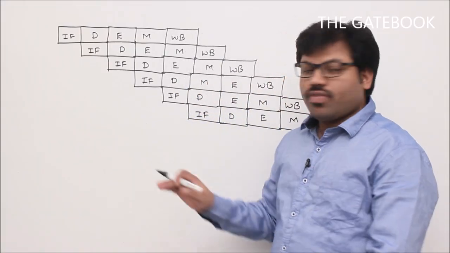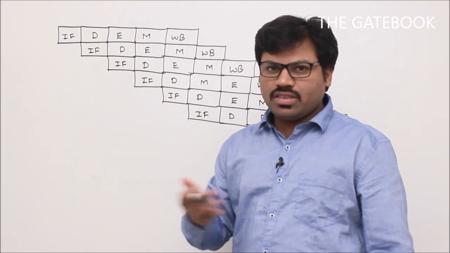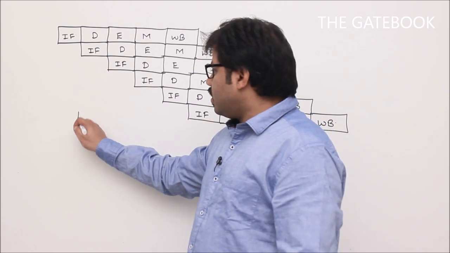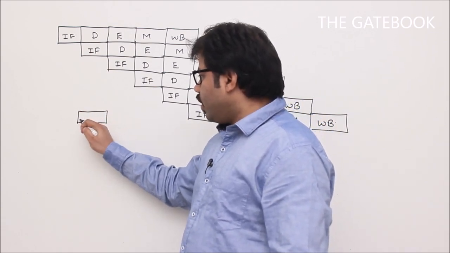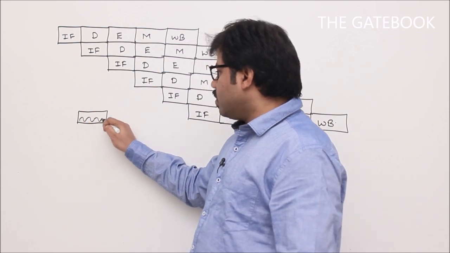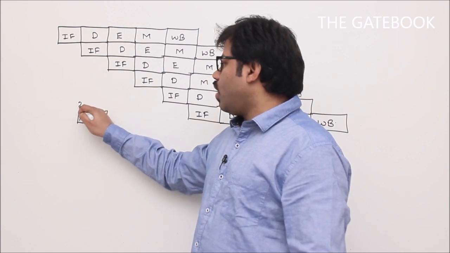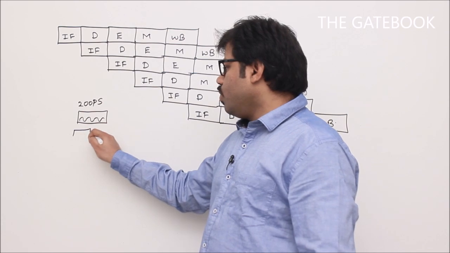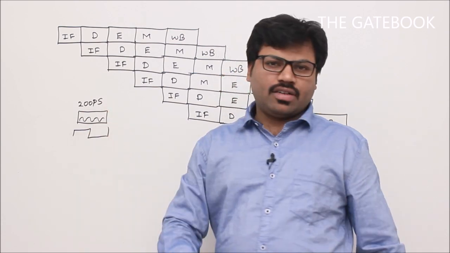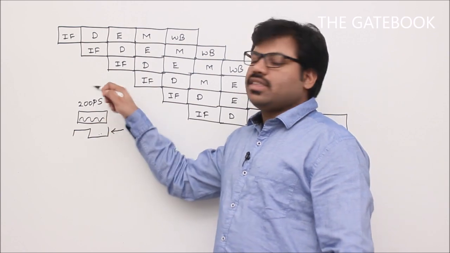In the pipelining model, the first thing you learned is that we divided our hardware circuit into 5 stages, right? Each stage we prepared in such a way that the work we are doing in that stage is maximum 200 picosecond, correct? So we fix our clock cycle to exactly 200 picosecond, and that clock cycle time is exactly equal to one stage time.